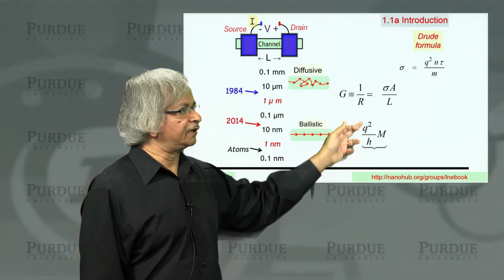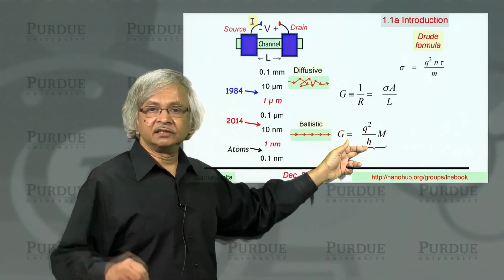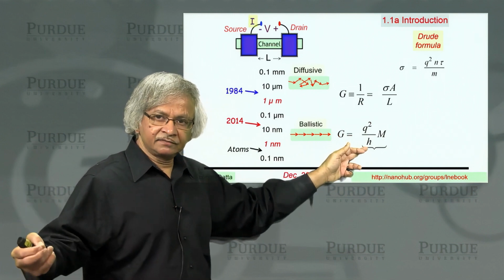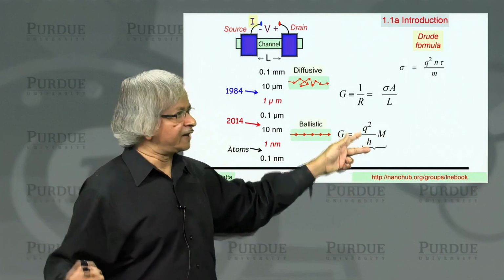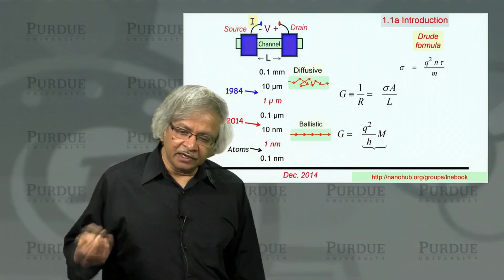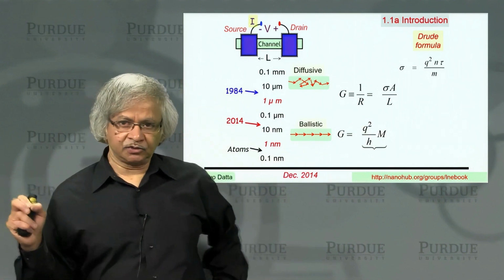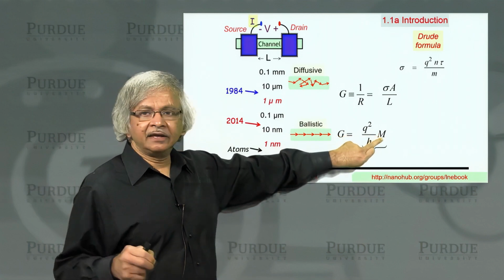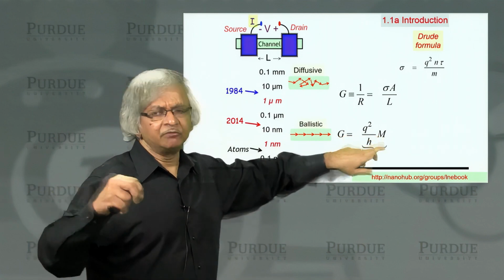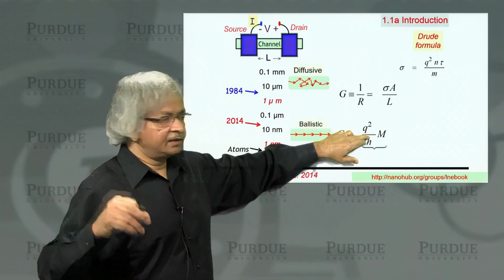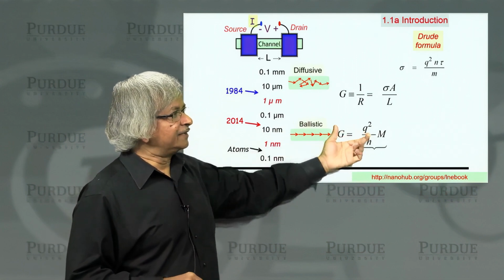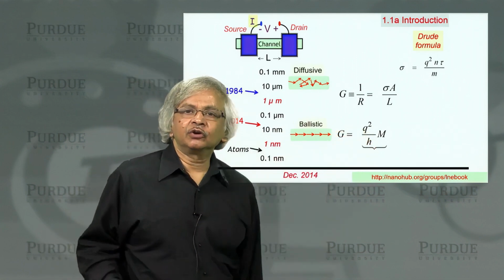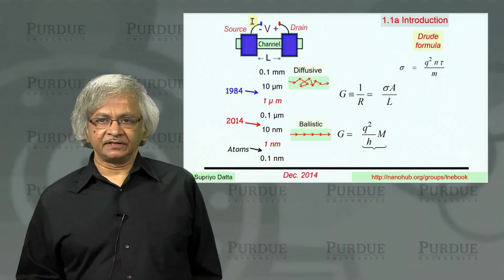So this is actually a fundamental constant, which has the dimensions of conductance, inverse of resistance. It comes to about the inverse of 25 kilo ohms, and that times a quantity called the number of modes. We'll talk about what that means as we go along. So this is what you'd learn if you took a course in mesoscopic physics.